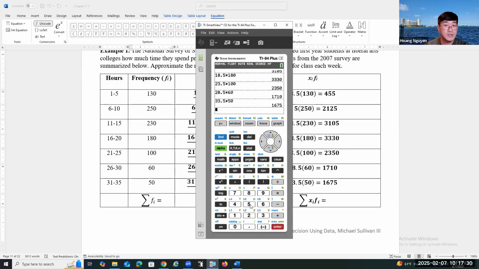So we're going to get 130 plus 250 plus 230 plus 180 plus 100 plus 60 plus 50. Oh, it's 1,000 even.